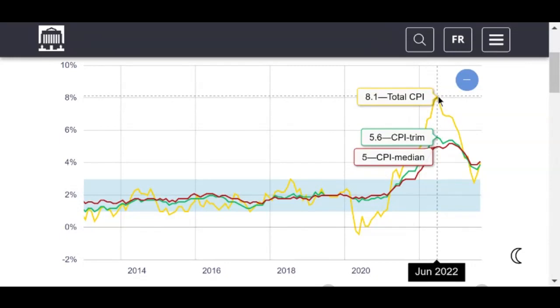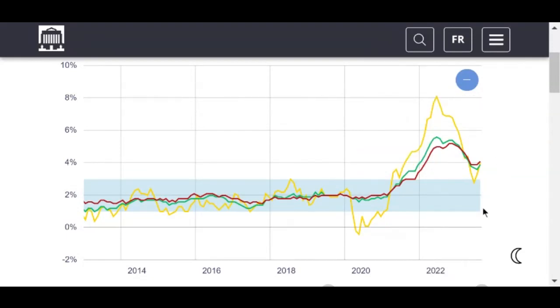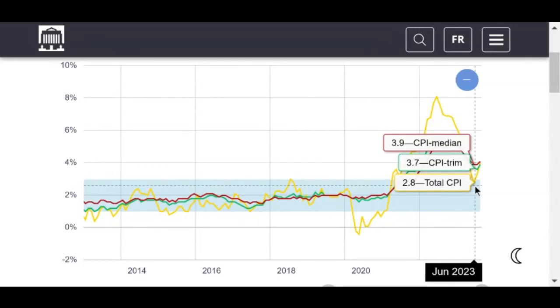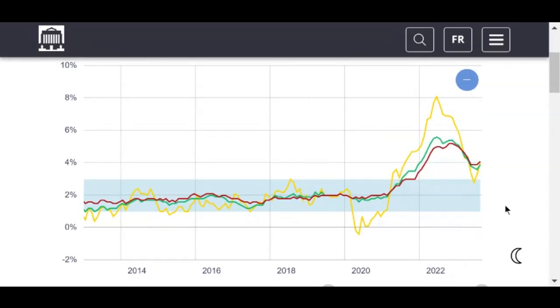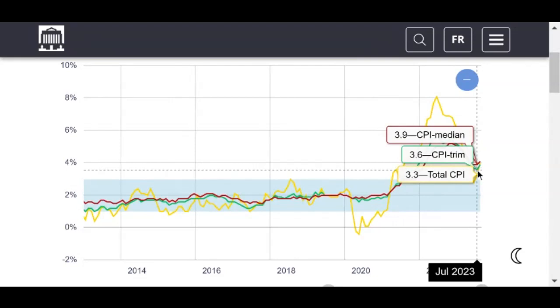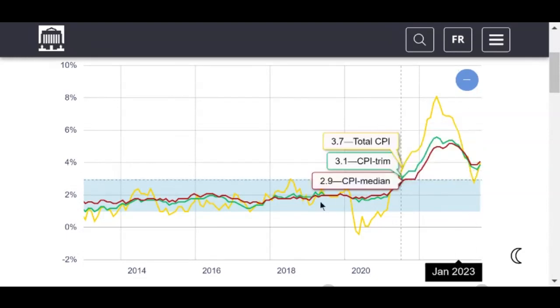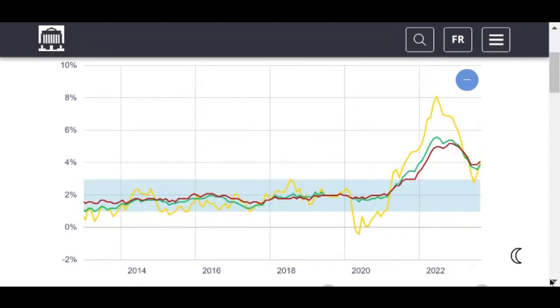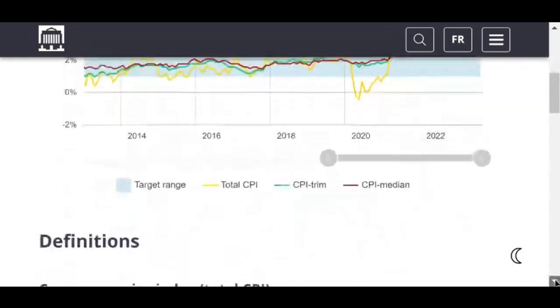CPI was 8.1% inflation, and for trim it's only 5.6, and for median it's only 5. But now currently we are very close to the range. Oh no, we are now above. Total CPI is 3.3%, slightly above that range.